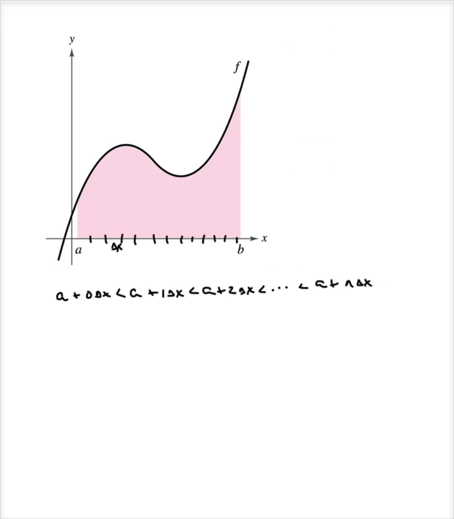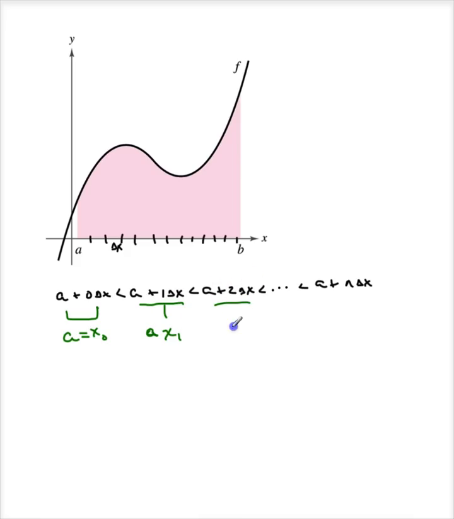Now, look at how I've defined this. I'm going to make this term right here x sub 0, where i is 0. This term right here is x sub 1.